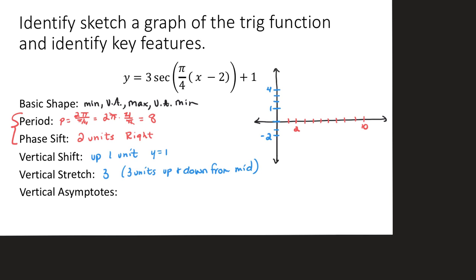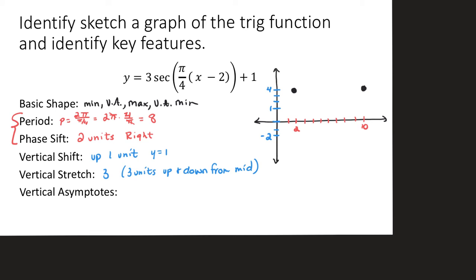Remember, secant has turned those max values into minimums. So when I say I'm starting at a minimum, I'm actually starting at the value 4, and it's going to U up from there. At the end of my graph, I'm going to be back where I started at that same min value, a minimum of 4, which is the top value.